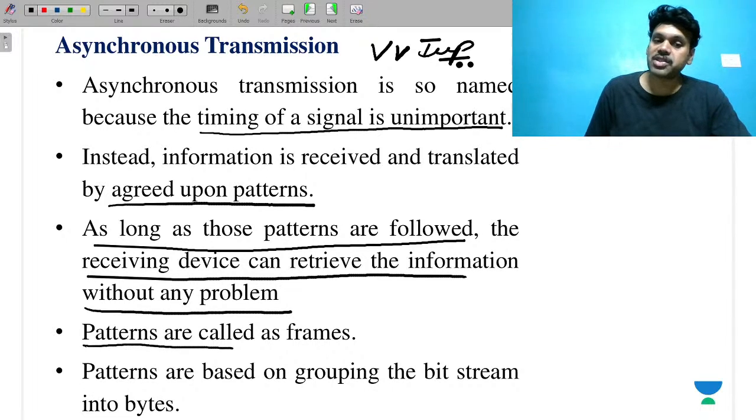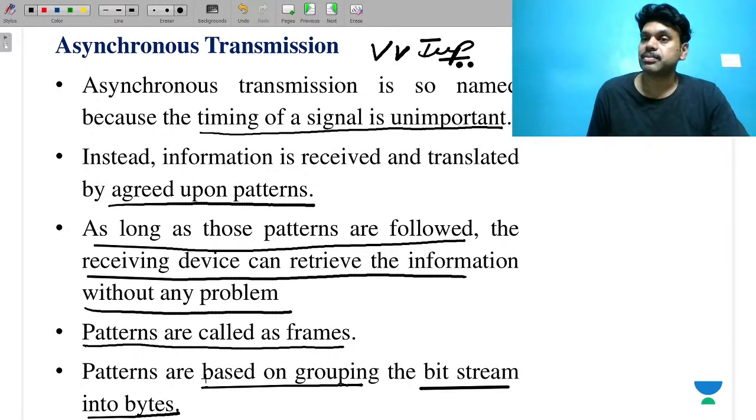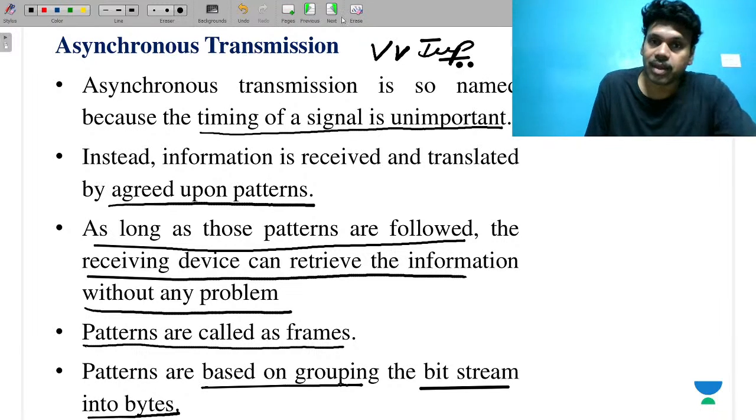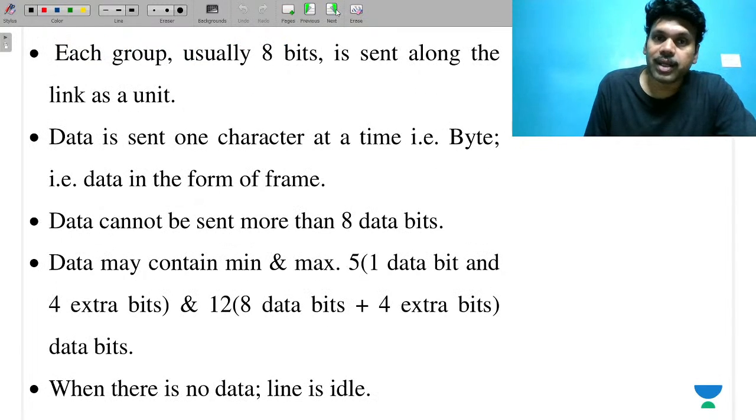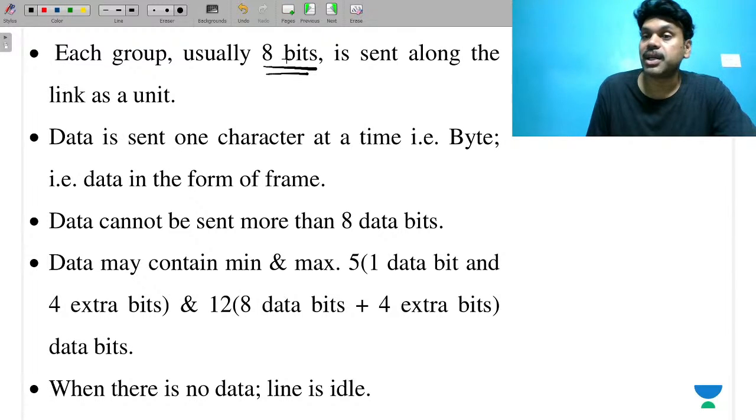And these patterns are called frames. Patterns are based on grouping the bit stream into a byte stream. Now let us say each pattern consists of 8 bits, not more than that. It can be lesser, but it must not be greater than 8 bits.